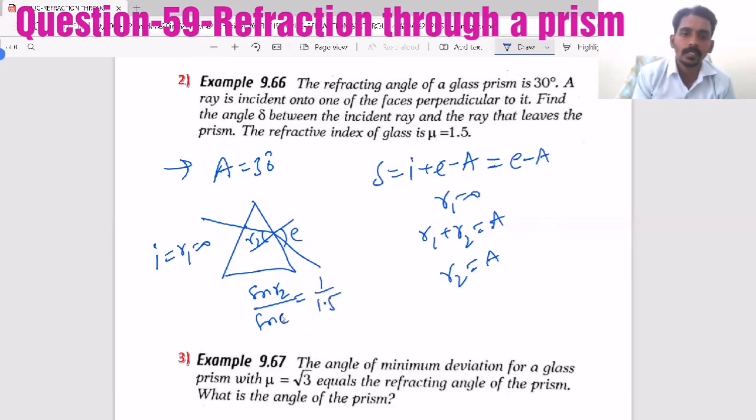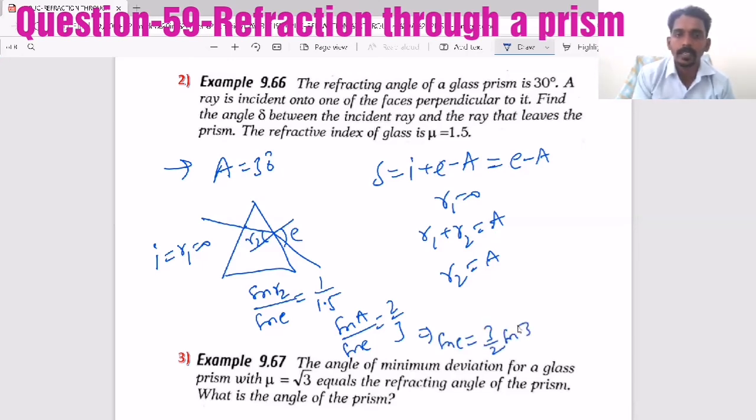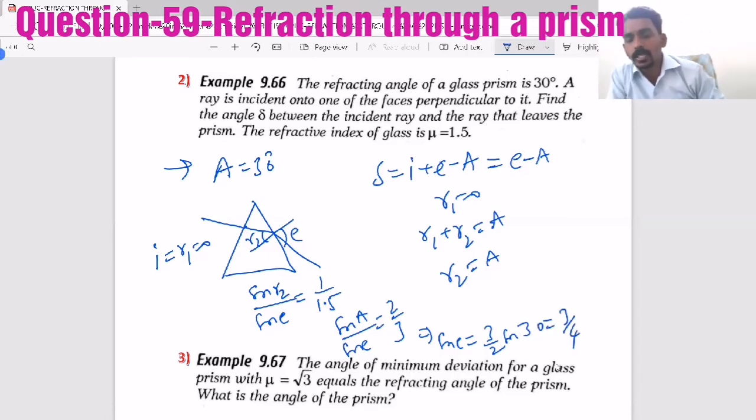So here what you can find is the angle of emergence, because sine R2 is now sine A. Sine E equal to 3 by 2 sine A. Sine A, 30 degrees, is 1 by 2, so 3 by 4. So sine E equal to 3 by 4 means E will be an approximate value you have to take.